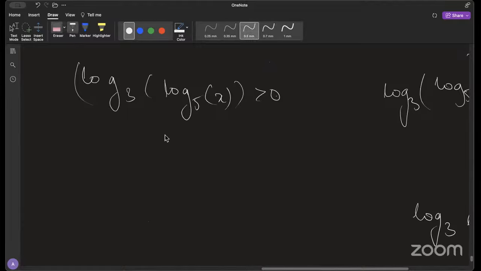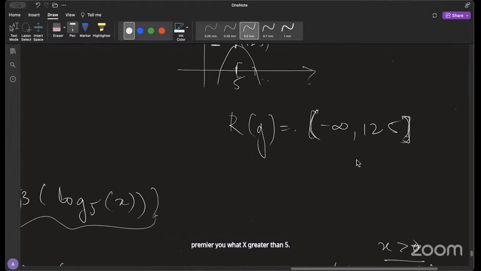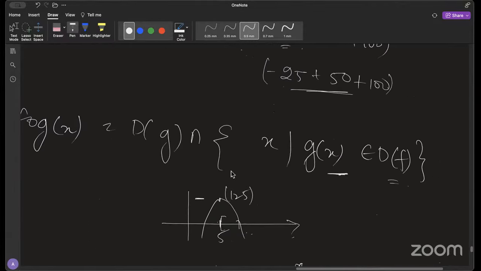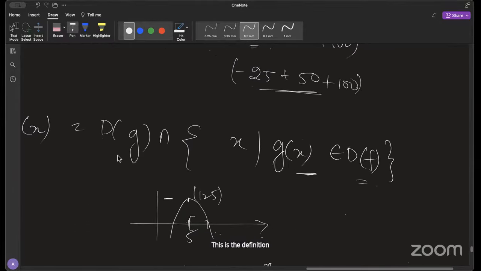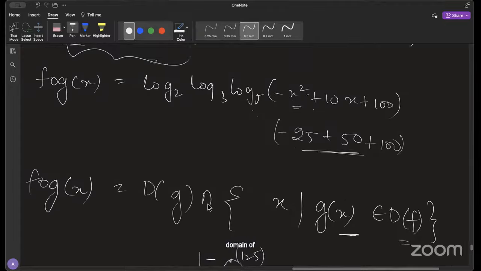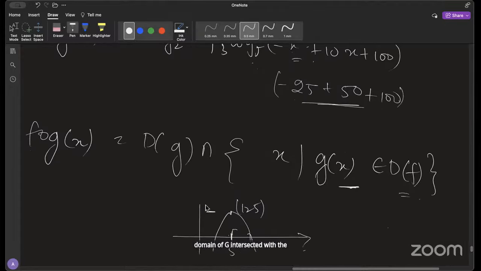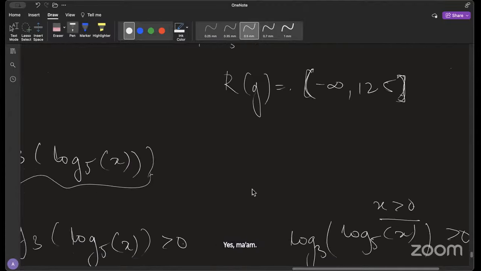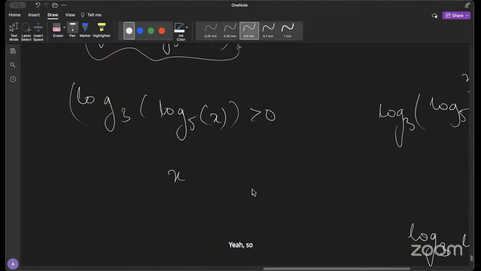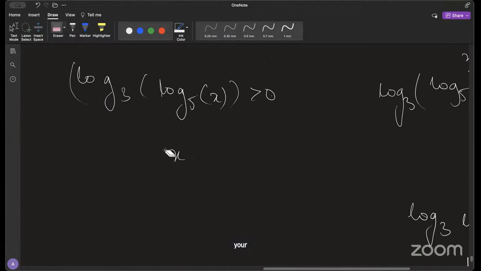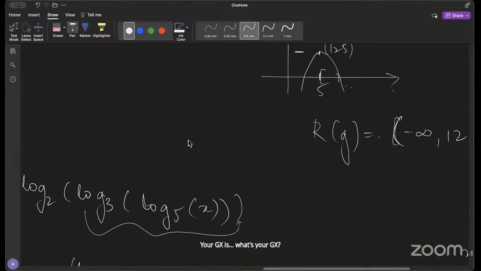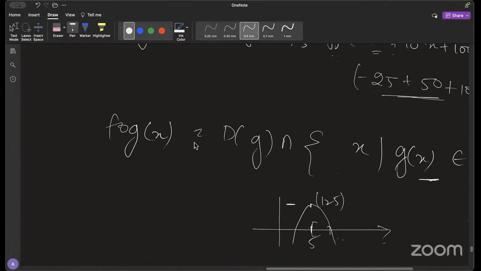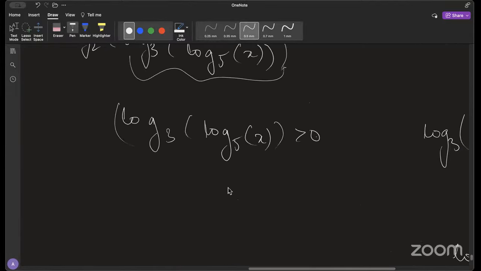From here, you got x greater than 5. This is the definition we wrote, right? Domain of g intersected with x such that g(x) is in the domain of f. Yes, ma'am. Yeah, so, okay. What's your g(x)? That's what we're saying.